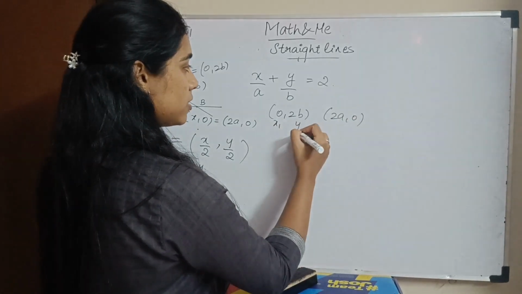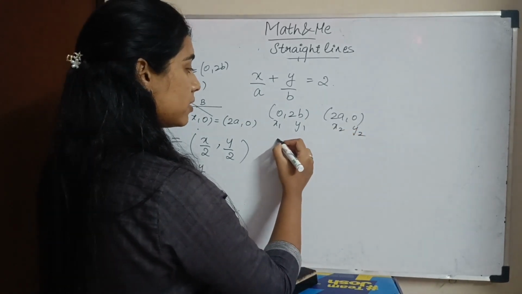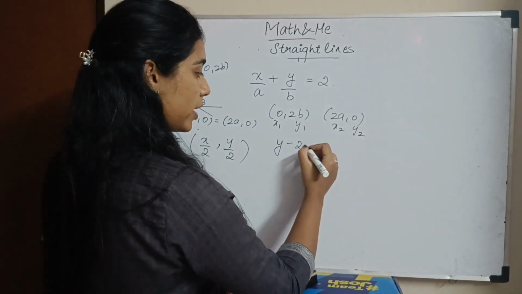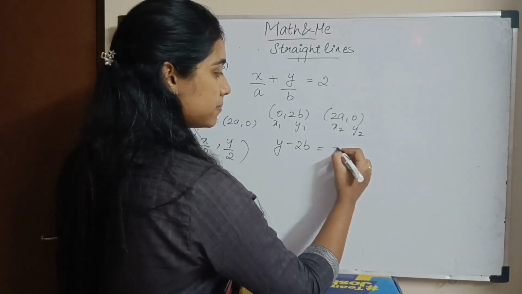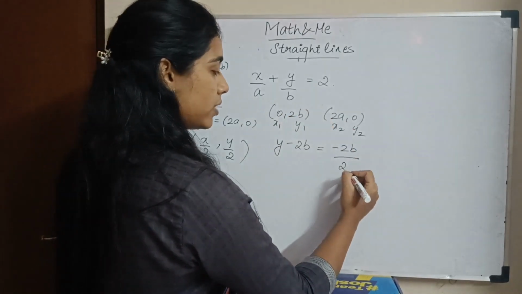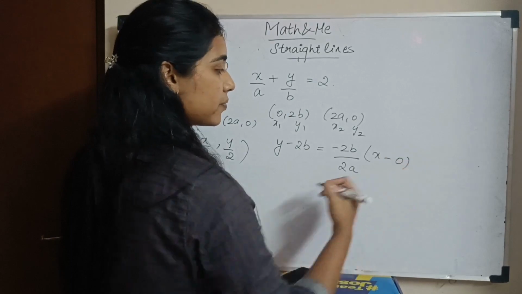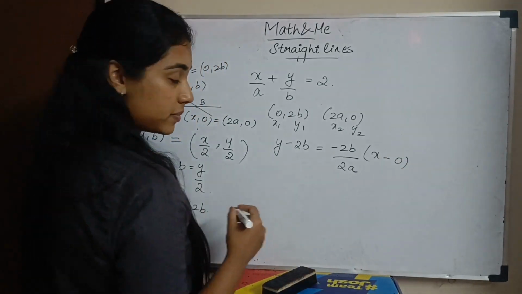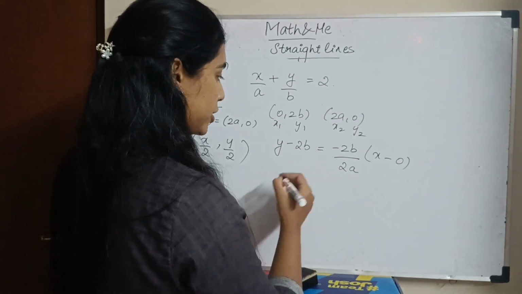So this is x1, y1, x2, y2. So you have y minus y1 equals y2 minus y1 divided by x2 minus x1 times x minus x1. So this is the 2-point form. Remember? I'm multiplying it by 2a.